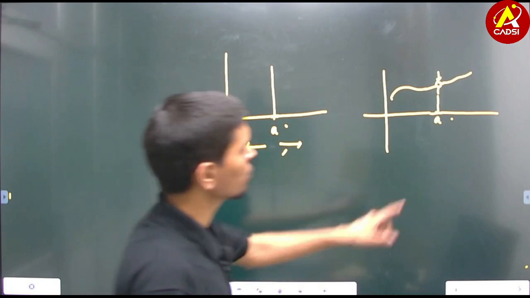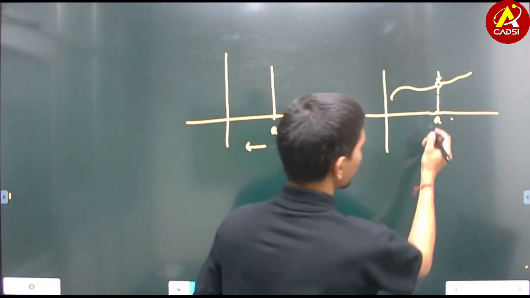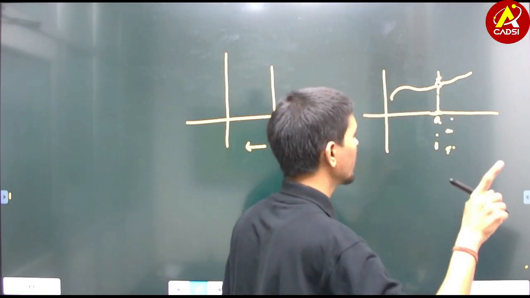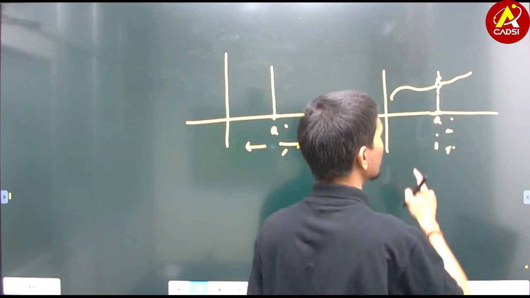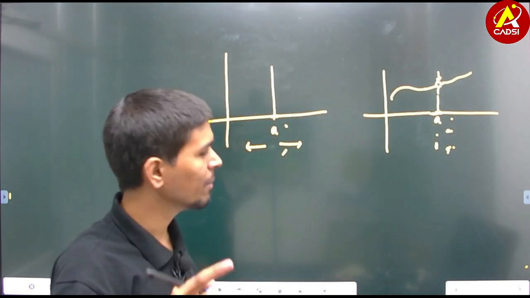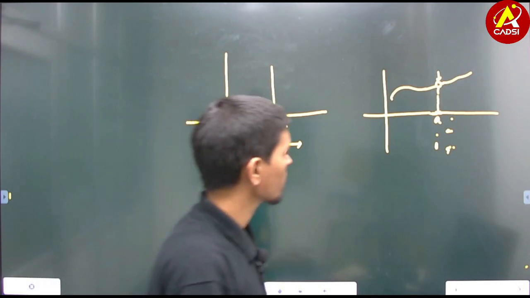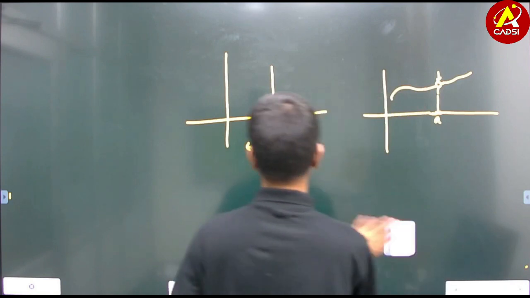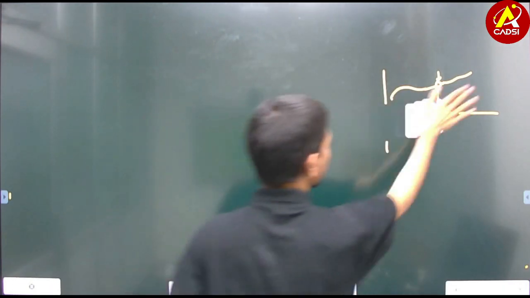The left hand limit and the right hand limit are both the same, but the value of the function at this point is not equal to the limits. So now we are moving to differentiability.